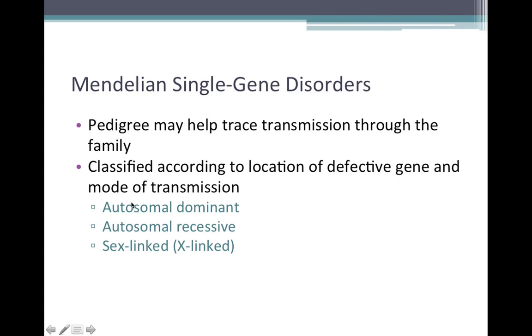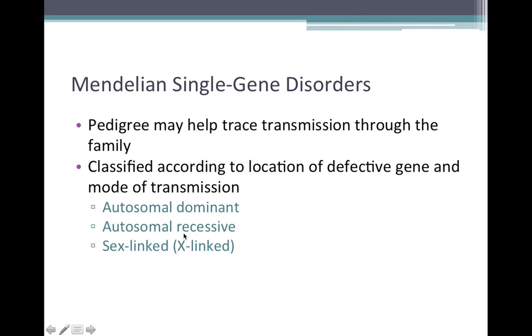Now, remember, autosomes are the first 22 chromosomes. They're non-sex chromosomes. If it's an autosomal dominant disorder, this means you only need to receive one defective copy of the gene in order to get this disorder. Remember, we have two copies of our genes. We call those alleles. But if it's an autosomal dominant disorder, all we need is one defective copy to express the phenotype of a disease.